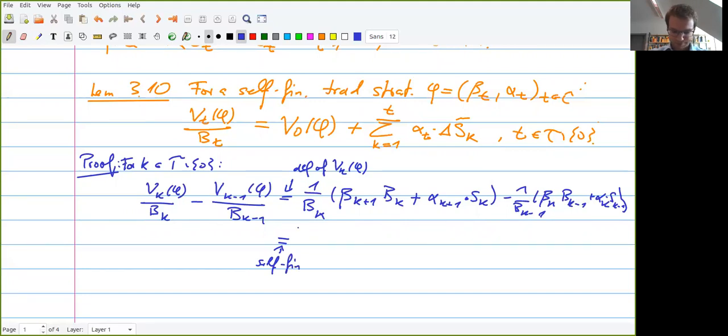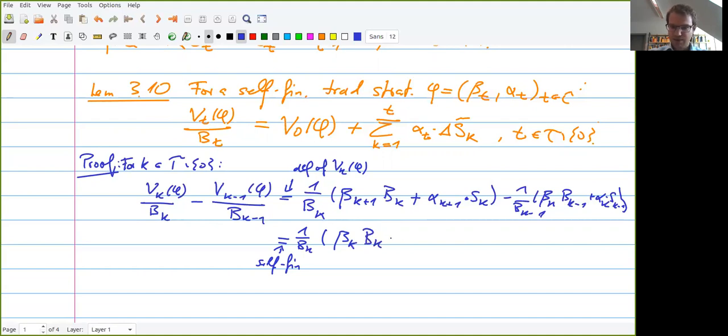which tells us what? That the position we choose here at the beginning of the kth trading period is equal to the position, so the value we have here is equal to what we had at the end of the kth trading period.